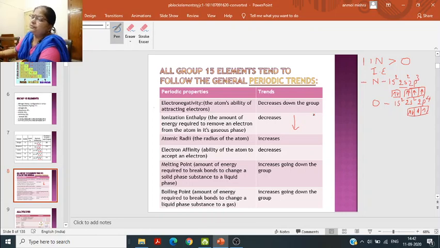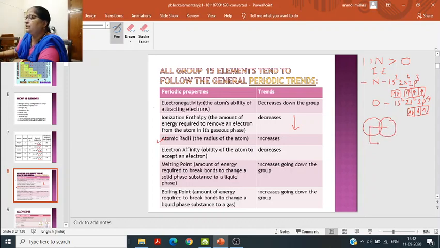Third point is atomic radius. Now what is atomic radius? Atomic radius is the average distance between the 2 nuclei of the bonded molecule. For example, nitrogen, 2 atoms of nitrogen when they combine, this is one atom of nitrogen and this is the second atom of nitrogen.